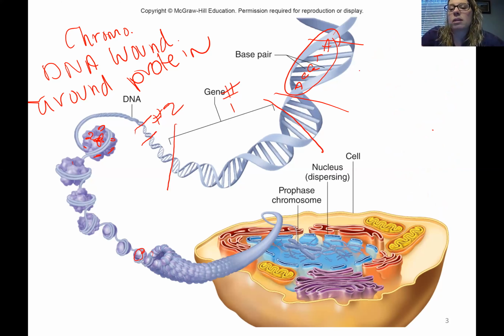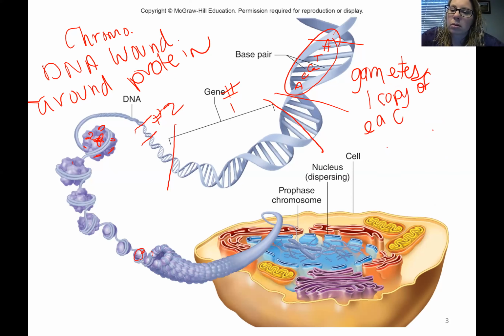Remember the gametes, or the sex cells, the egg and the sperm? The gametes are going to have one copy of each chromosome. So in a human, they're going to have 23 chromosomes.